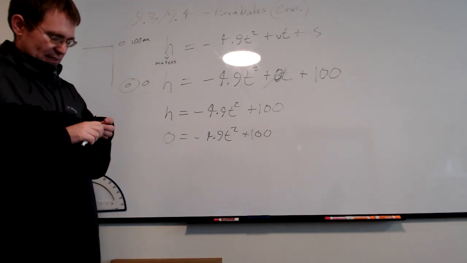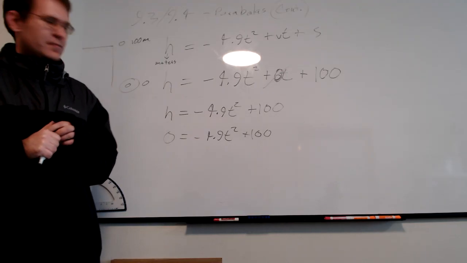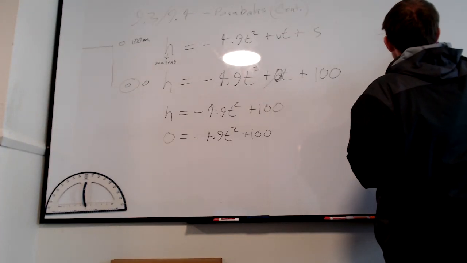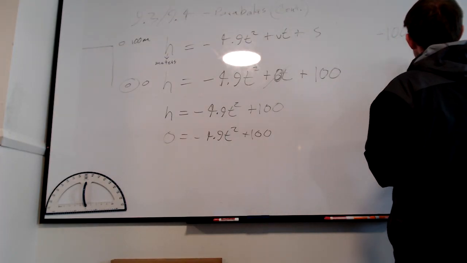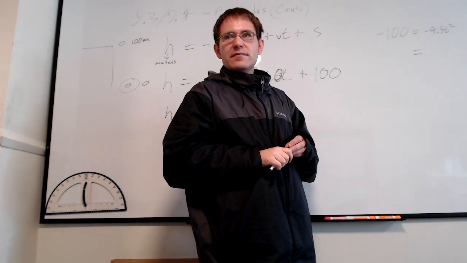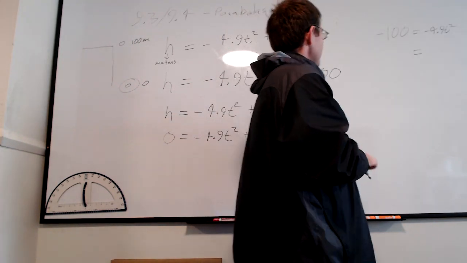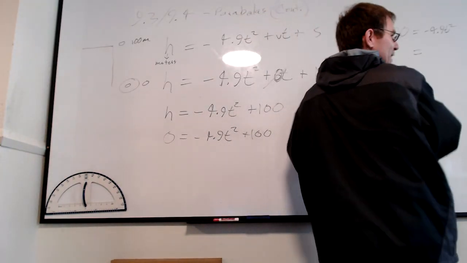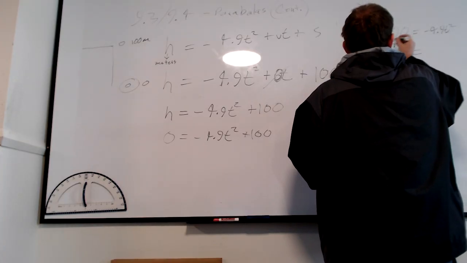Okay, so what would be the next step? Minus 100 on both sides. So we got negative 100 equals negative 4.9 t squared. What's next? Divide both sides by 4.9. What does that give you? Not a very good number.